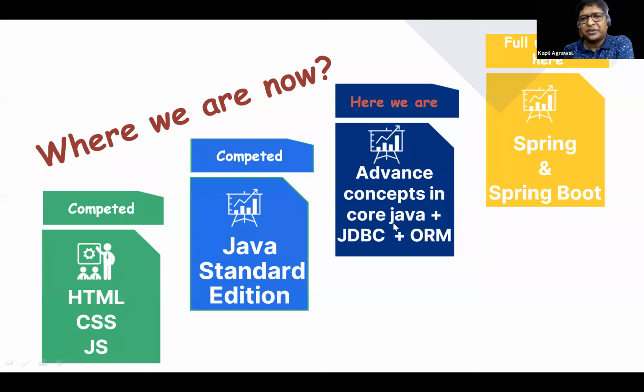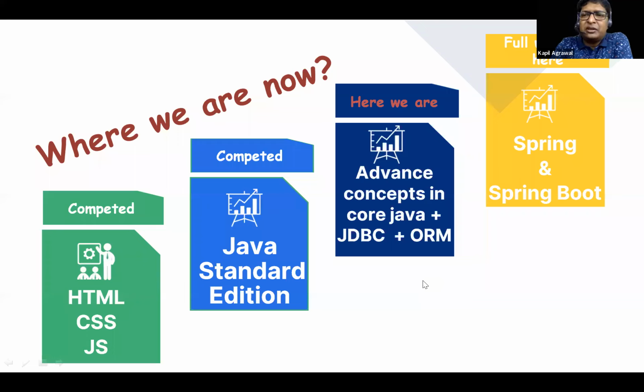Now we are into the next part. This is the SB101 batch. In the SB101 batch, we will talk about some advanced concepts of core Java. So far in JA111, you have come across the common concepts of Java programming. Here we will talk especially about the concepts introduced in Java version 8.